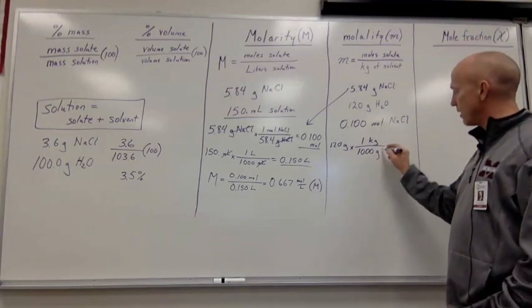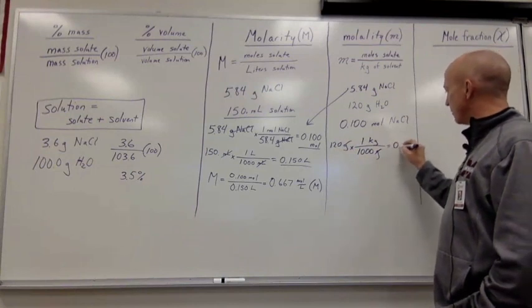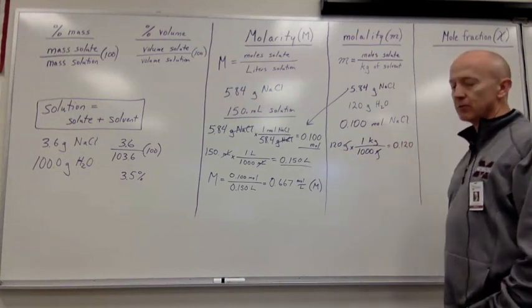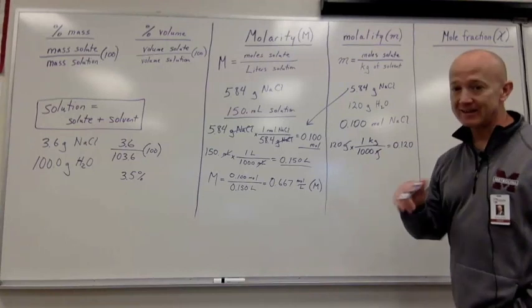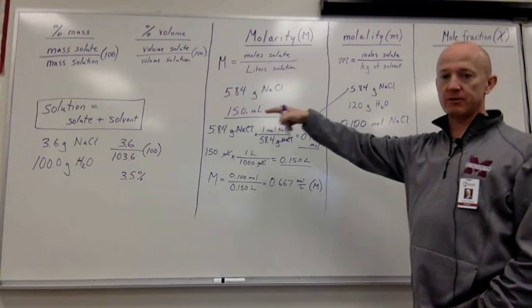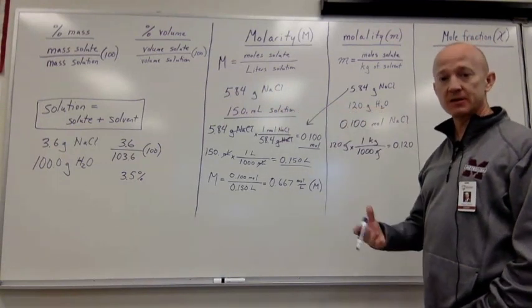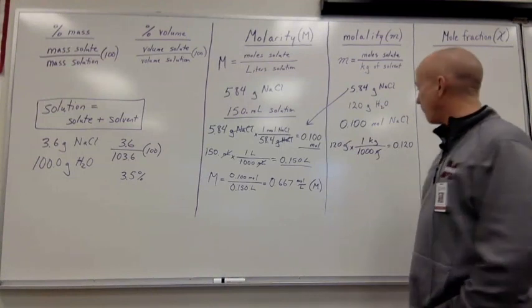We put it this way, grams cancels. 120 divided by 1,000, we get 0.120. Again, if you want a quick way of doing this, sort of like milliliters, we move the decimal 3 places to the left because it's a factor of 1,000.